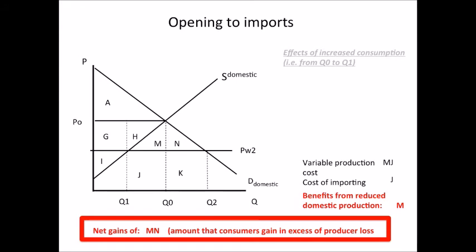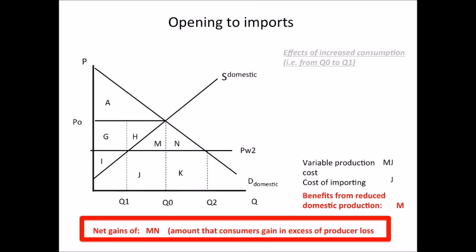On the production side, we've got a decrease of production from Q0 to Q1. We have a savings on the variable cost of production of MJ, that's the area under the supply curve. So society basically gains that back. And the cost of importing these goods is J. So you have to pay that to foreigners.